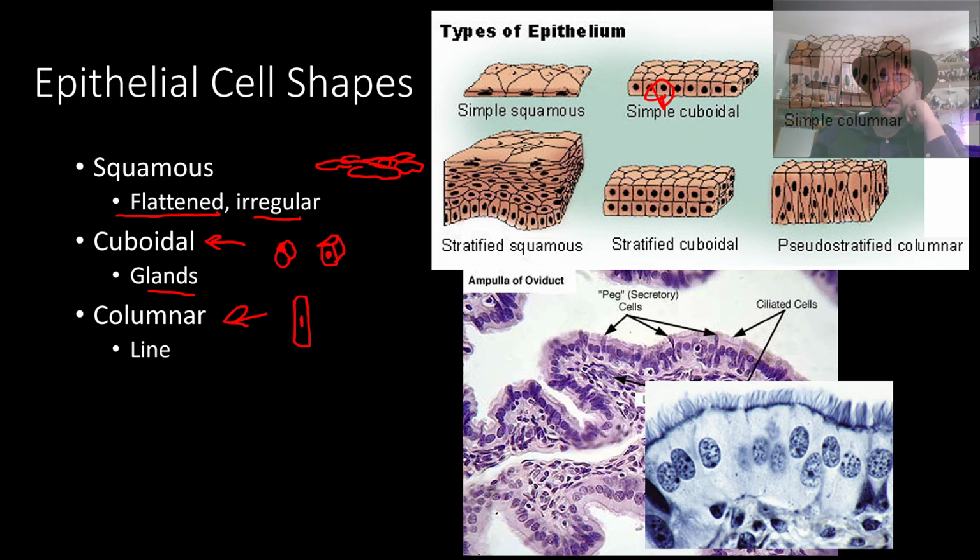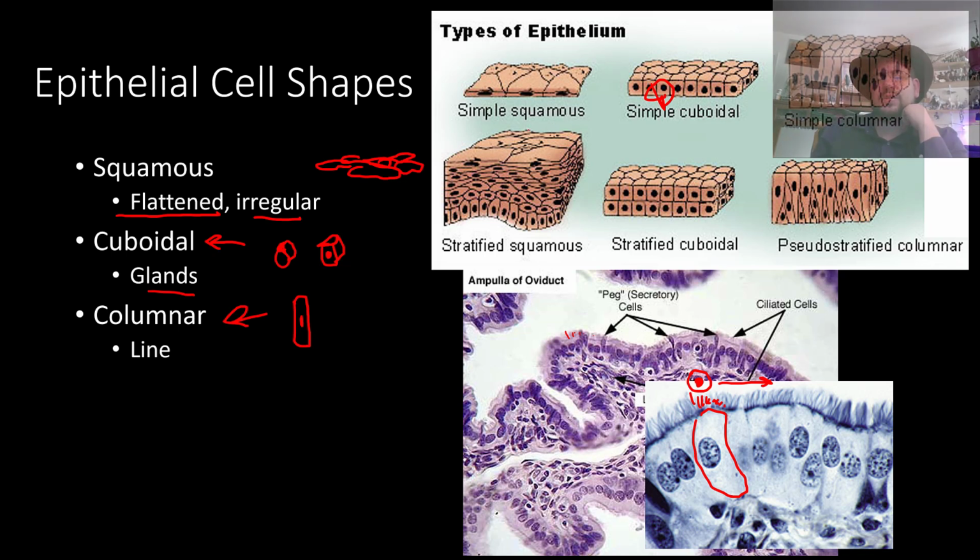For instance, here we have an oviduct, and if you look in close on it, you can see these columnar epithelial cells with cilia on them, and those cilia help move the fluid in the oviduct so that the egg cell can move. Right? So you have these columnar cells lining that hollow structure.